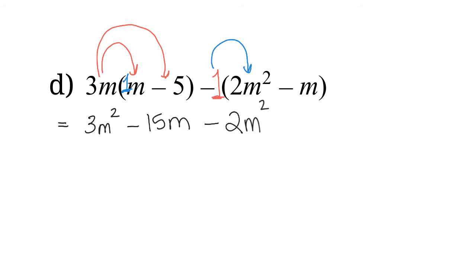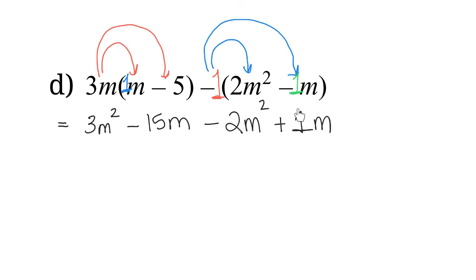And then you're going to move on to negative 1 multiplied by negative m. And again, remember that attached to this m, there is a 1 in the front. So really, this is reading as negative 1 multiplied by negative 1. So that would actually give you a positive 1. And there is an m attached, so you also need to recopy the m.